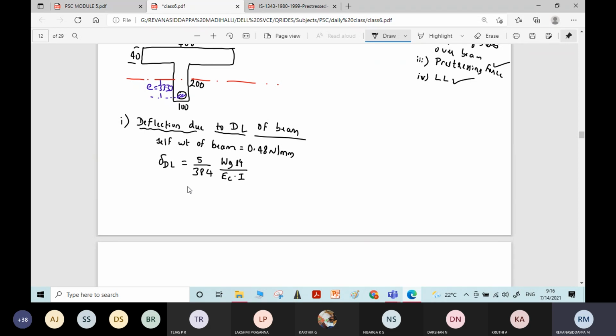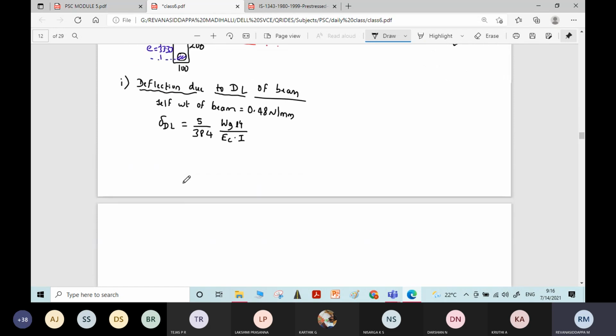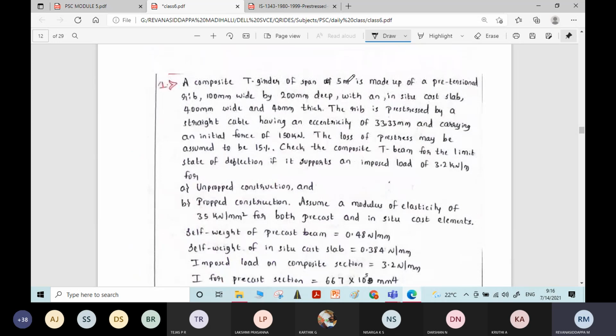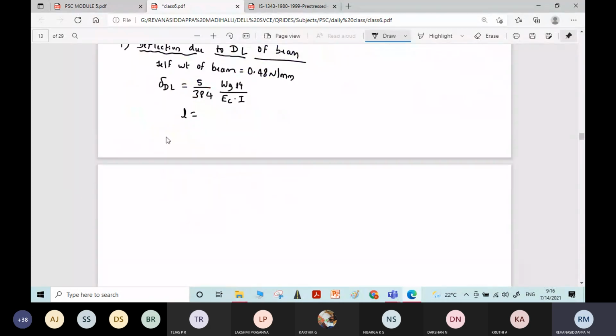This is the deflection due to dead load, or deflection due to live load if the live load is UDL. Length of the beam is given as 5 meter. L is equal to 5 meter. In terms of millimeter, it is 5000 millimeter, because moment of inertia and Young's modulus we substitute in terms of Newton per mm square or mm raised to 4. That is why the length should be substituted in terms of mm only.